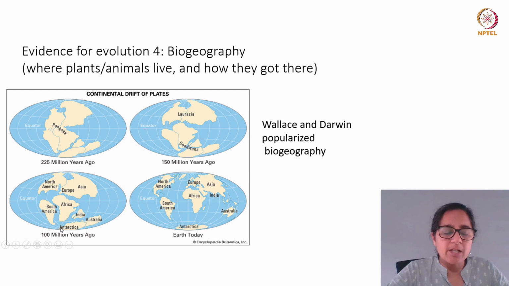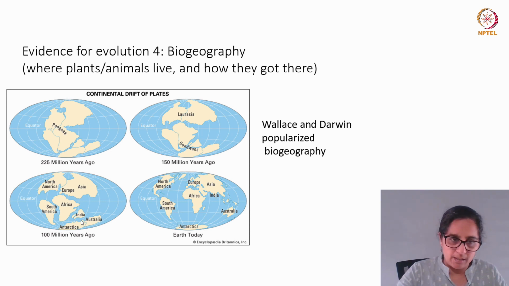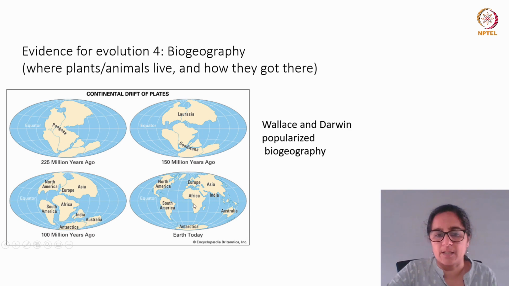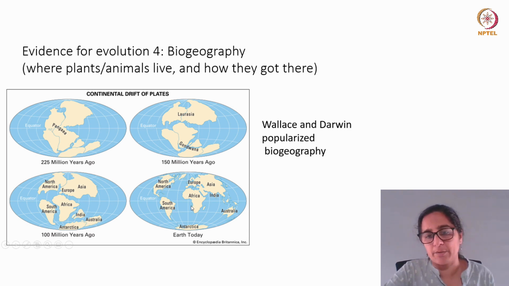And 100 million years ago, you can see that many of these continents, because of drifting of plates, because of plate tectonics, have drifted apart, and you can see distinct countries or continents. What we see in the present world here is what is currently today, right?